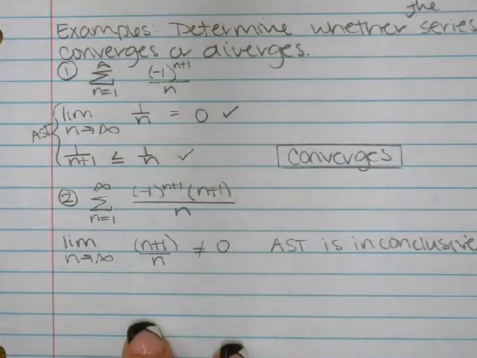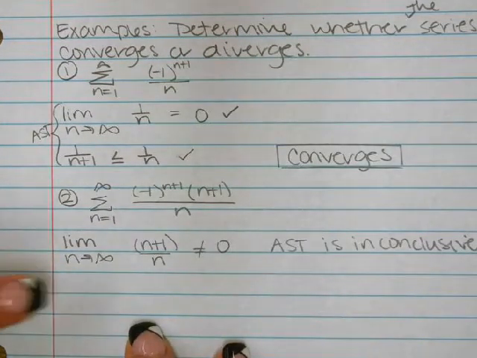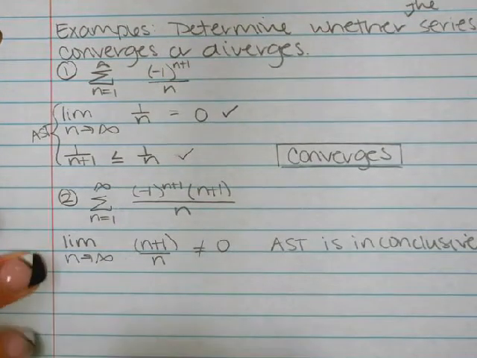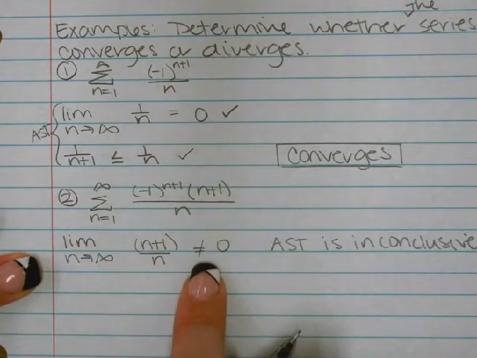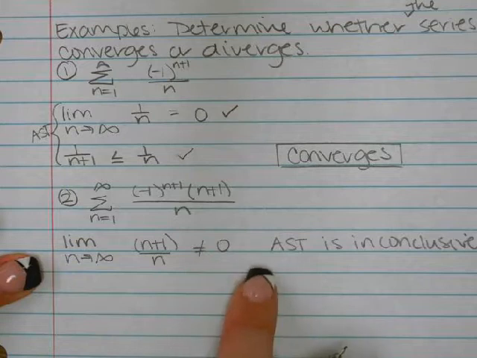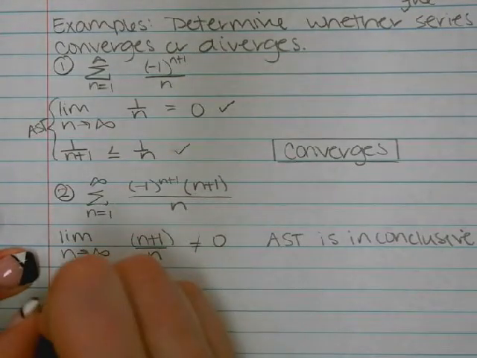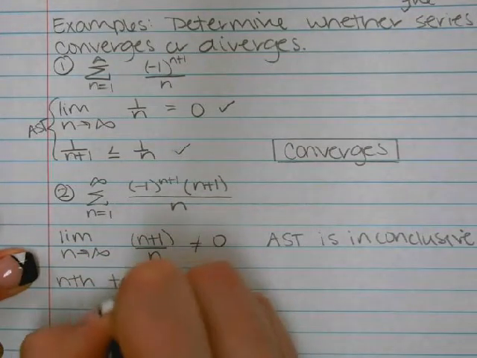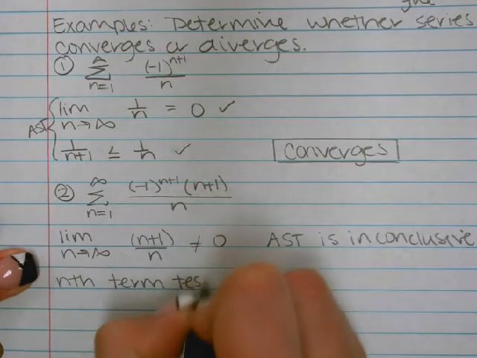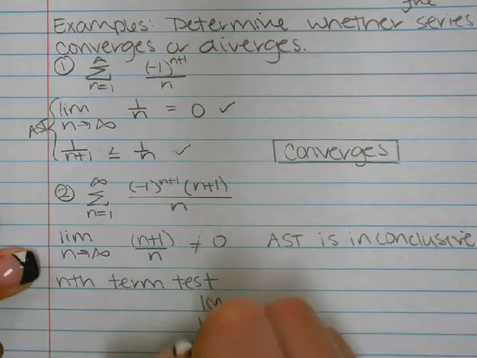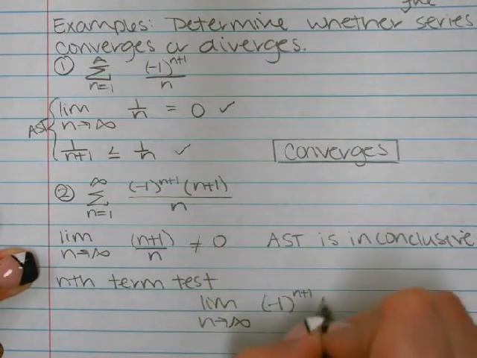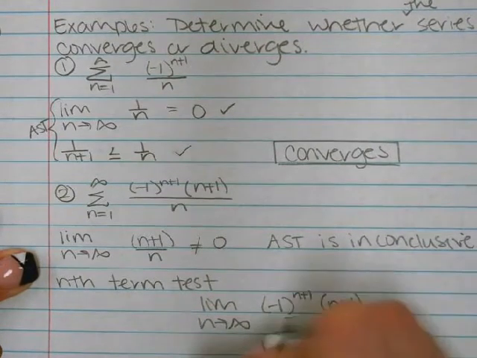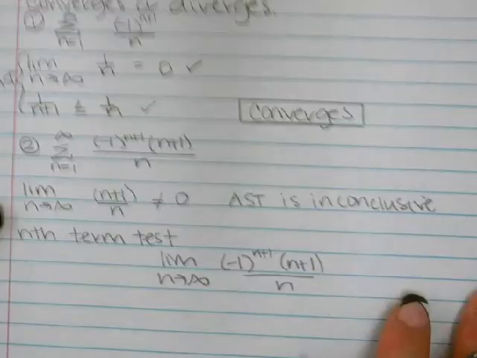So that means I have to go back to one of the other tests that I've learned. Another test that we have learned is the nth term test. And we know that when you look at the nth term test, it's a good sign for us if it doesn't equal 0. So we're going to say the nth term test says the limit as n goes to infinity of (-1)^(n+1) times (n plus 1) over n. You'll notice that since I'm doing the nth term test, I have to go back to considering the entire series.